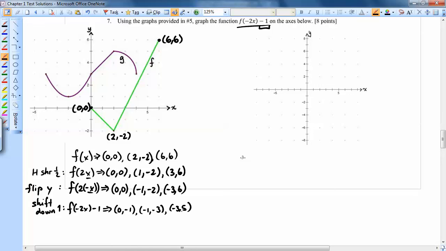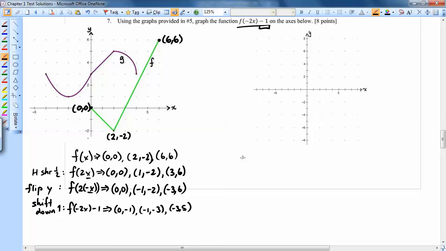You don't have to do those transformations in that order. You could have done them in any order, really. You just got to be careful about how it affects the points. So let's say I wanted to shift down first, right?